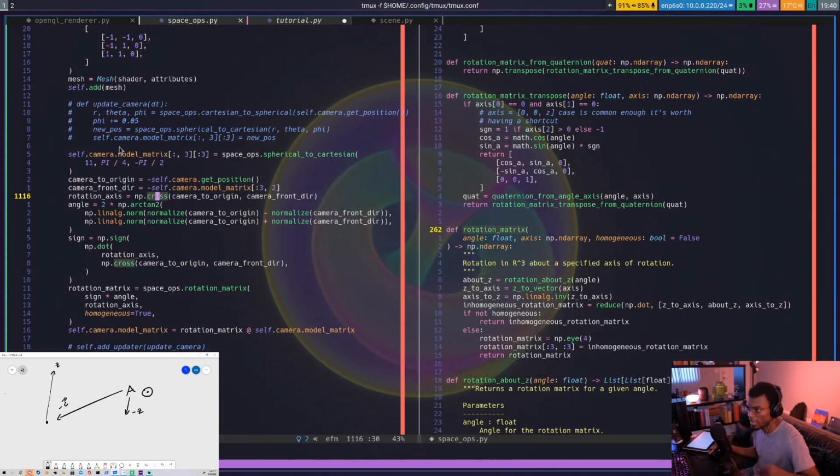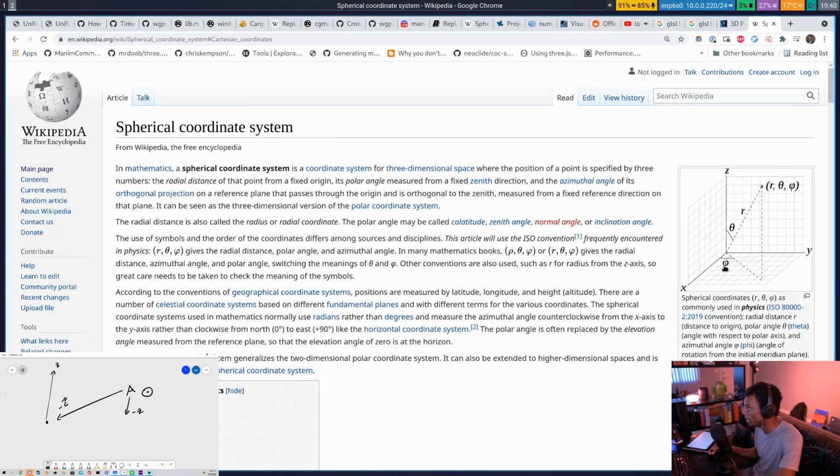And since phi is negative pi over 2, this angle... oh wait, this is getting complicated.